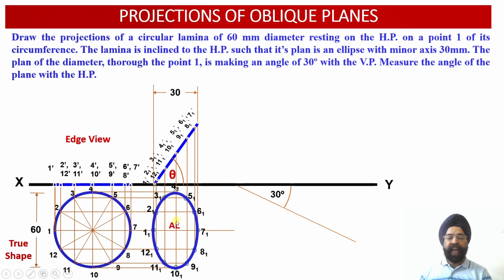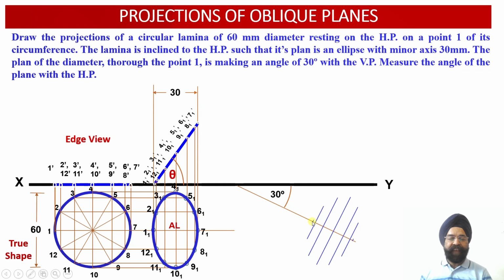Now, how do we transfer this ellipse over here? Again, using the rectilinear distances principle. So how can that be done? You can see, now 2 corner points we have marked over here, this point and this point. This point is representing point 1. This point is representing point 7.